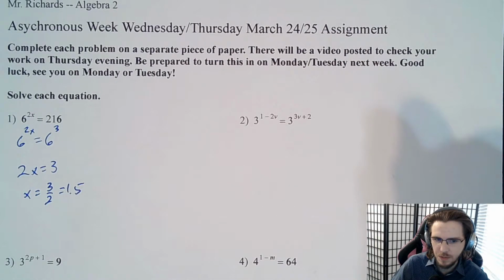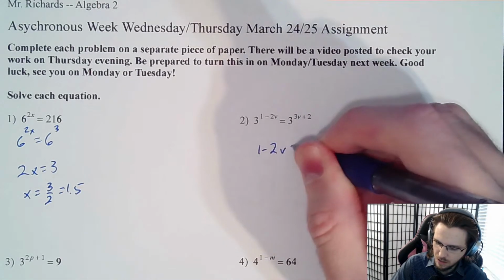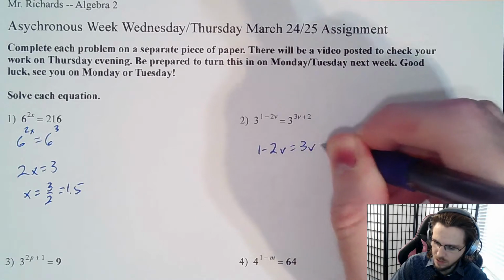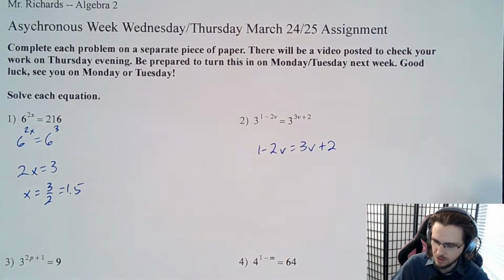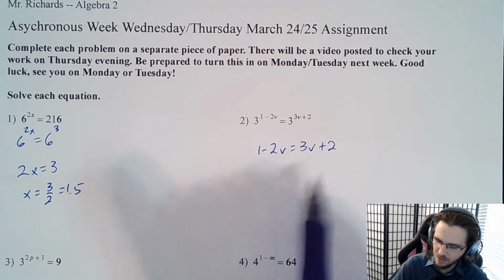All right, check out problem number 2. On problem number 2 here, they already have the same base, which is kind of nice. You just set them equal to each other immediately. This is like an Algebra 1 question almost, or even pre-algebra. Now that we set them equal to each other nice and quick, I like doing a little switcheroo: move this guy to the left, move that guy to the right.